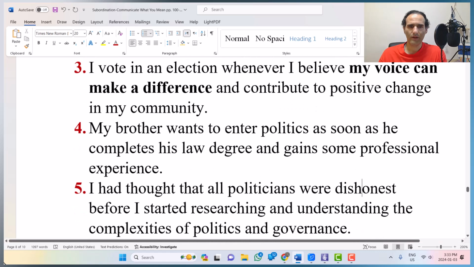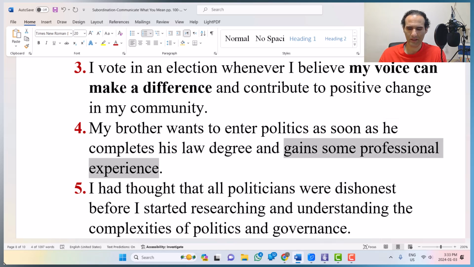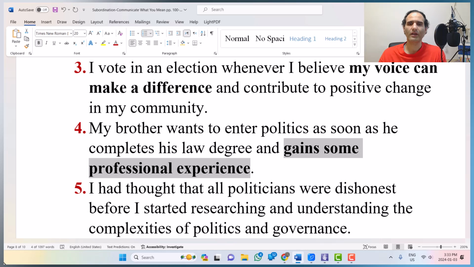Number 4, my brother wants to enter politics as soon as he completes his law degree and gain some professional experience. So gain experience, collocation. Gain professional experience, collocation. Okay.